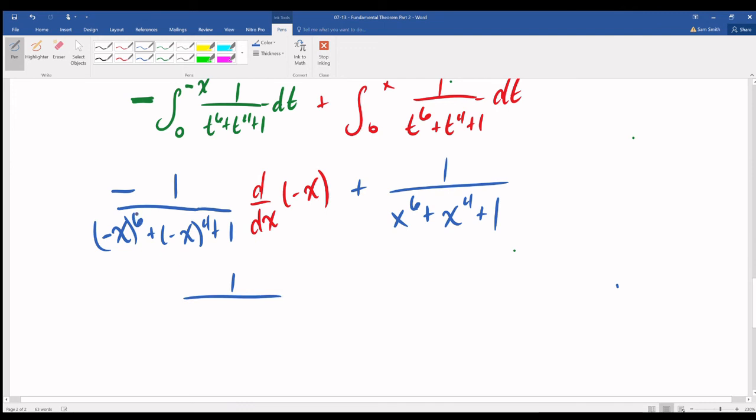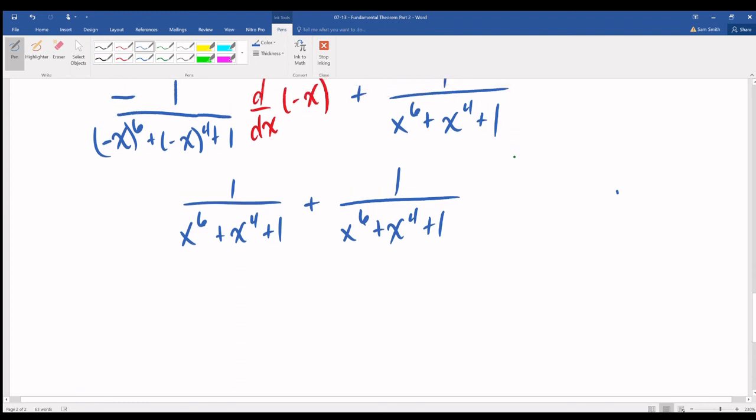Because we have all even powers in this denominator, we get x to the 6th plus x to the 4th plus 1, since an even power of a negative quantity is the same thing as the even power of the corresponding positive quantity. And then we have two identical fractions that are being added together. So, after simplifying, we have two copies of the reciprocal of x to the 6th power, x to the 4th power, plus 1.